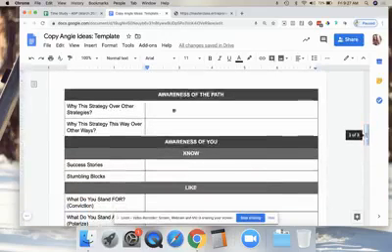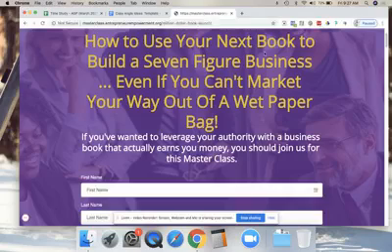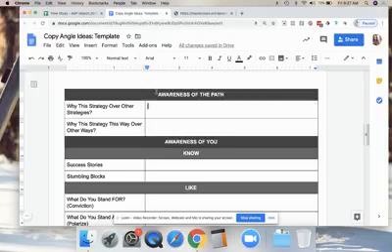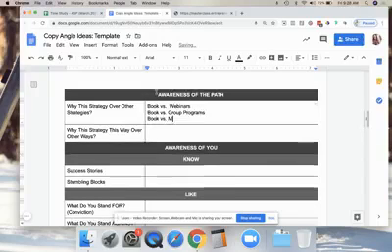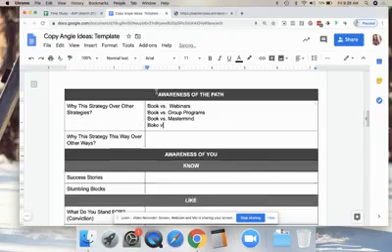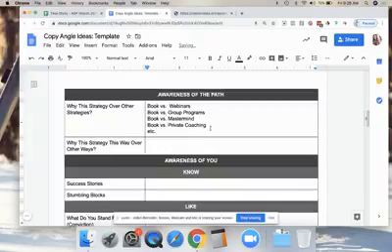So next we're going to move on to the path. So why a book over other strategies? So here you want to compare the book as the method to getting to 7 figures against other methods of getting to seven figures. So book versus, let's say, webinars, or book versus group programs, or book versus masterminds, or book versus private coaching, etc. So take every other strategy.